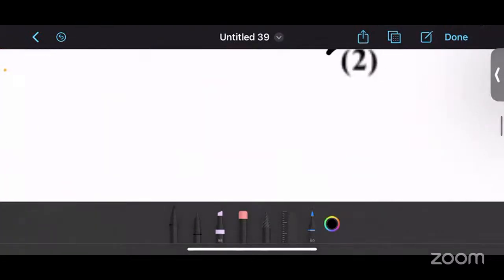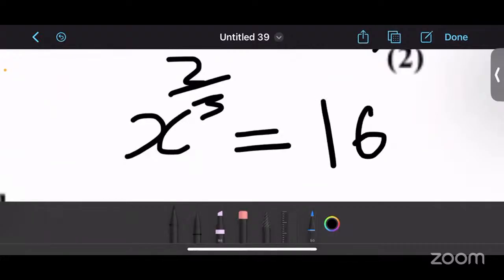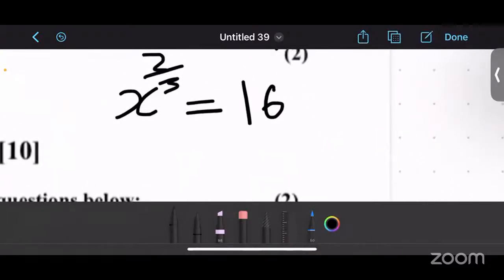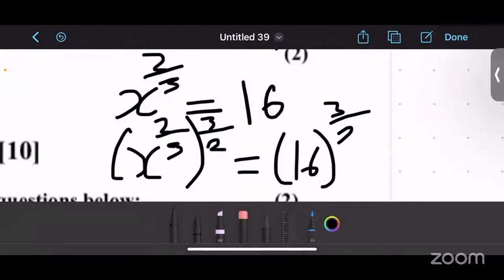So let me just write it over here. I have x to the power of 2 over 3 is equal to 16. So what I can do is introduce a 3 over 2 so that I can cancel that. So it's x to the power of 2 over 3, close bracket, 3 over 2 equal to 16 to the power of 3 over 2.